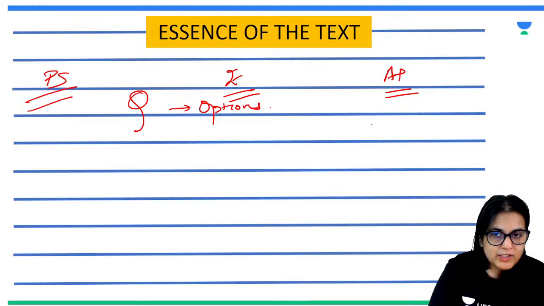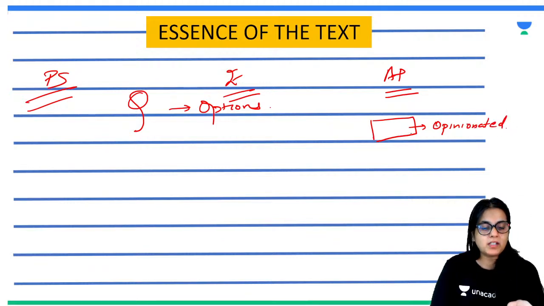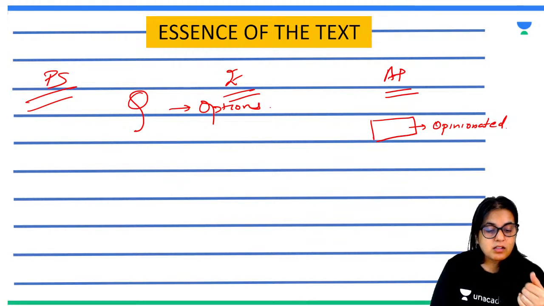Author's position में जो question आता है आपको या जो para आता है, that will generally be opinionated in nature. The author has written the para to prove a point, or the author has written the para with an opinion in mind, or the author has written a para with an argument. So the para will be very opinionated.